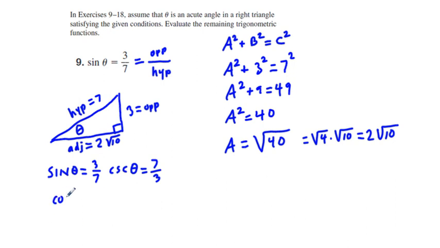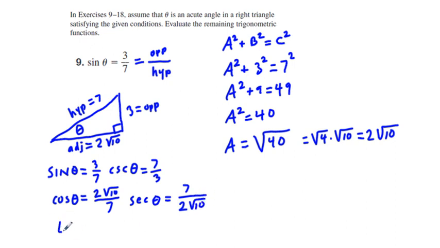Cosine theta is equal to adjacent over hypotenuse, which is going to be 2 square root of 10 over 7. And secant theta is going to be a reciprocal of cosine theta, which is 7 over 2 square root of 10.